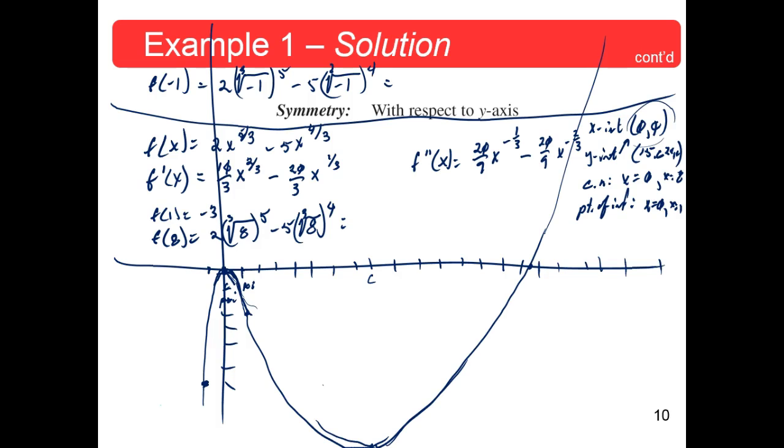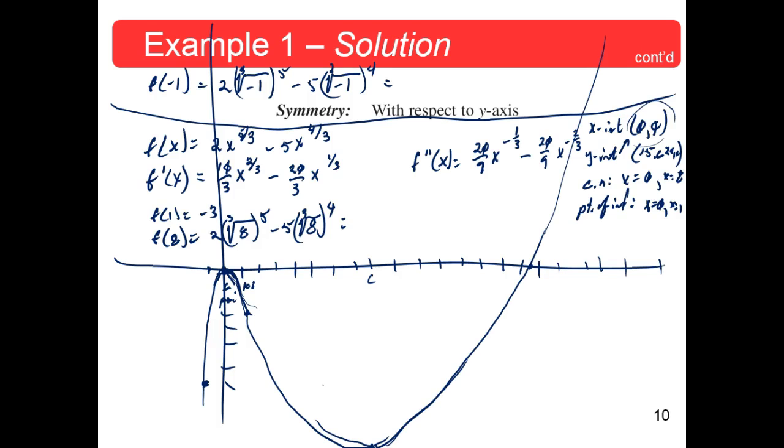Our first derivative should be positive from negative infinity to 0. Let's see if that's true. From negative infinity to 0, here's your first derivative. If you have a negative x in here, take the cube root of it, and you get a negative number.